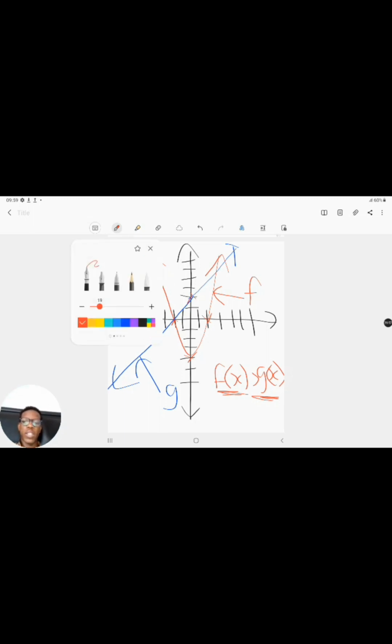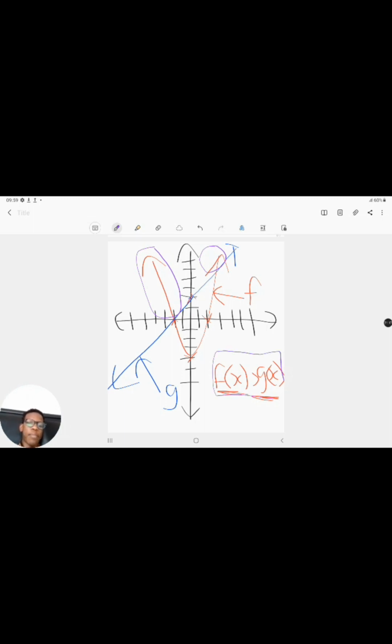So you will notice that at that point and at that point, the red graph is above the blue graph. The blue graph is here. The red graph is above the blue graph. This is what this is telling you: f, which is red, is above g, which is blue. For which x values are those points applicable?